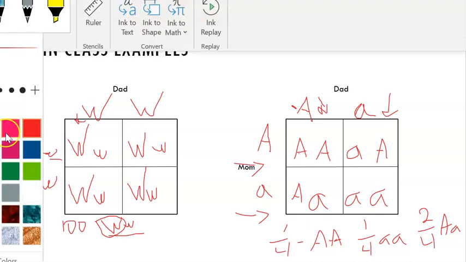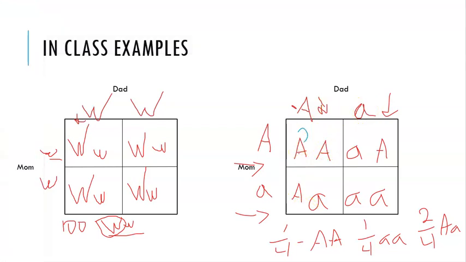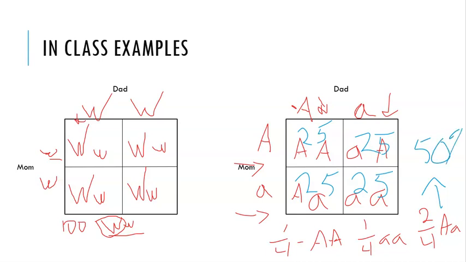We're going to change color here. Let's go blue. For big A, you have a 25% chance of a child being big A, and a 25% chance of a kid being little a. Each of these squares is 25%, so 2 out of 4 is 50%.